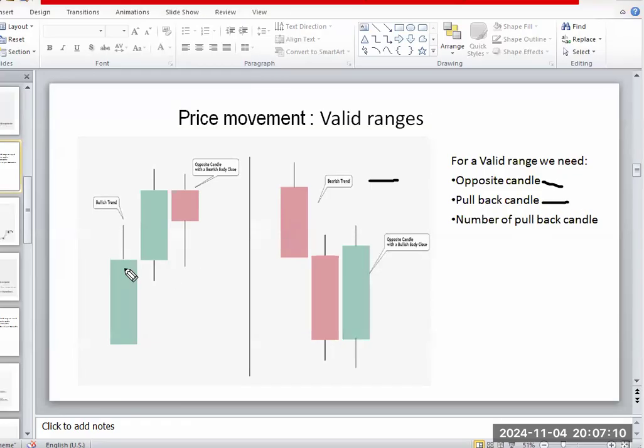So we said once that price is moving up, as long as this pullback candle and this opposite candle do not close above the last high in an uptrend, that gives it that pullback candle. And then if this is our higher low here, as long as price does not come all the way down and break this level here, we are in an uptrend.